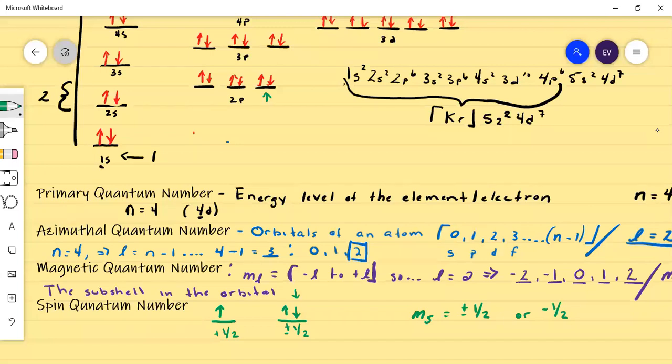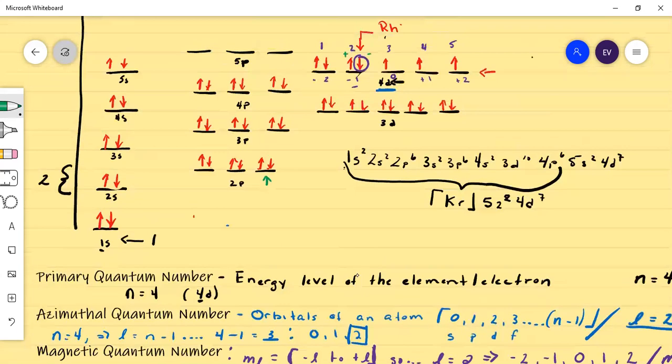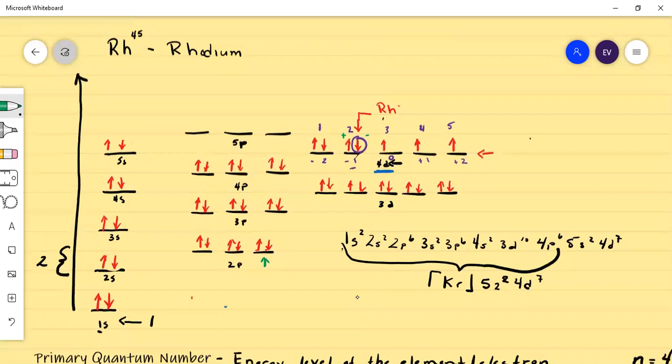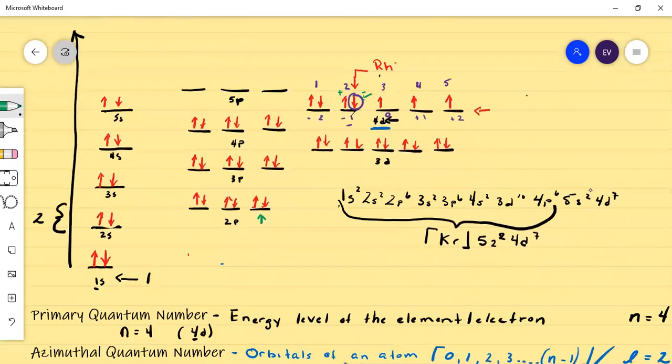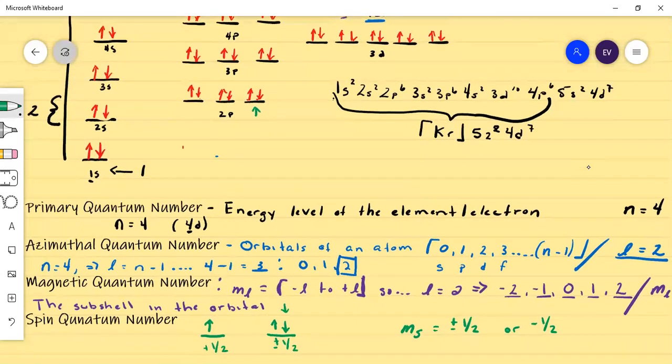If you're looking to identify the specific electron, for example, the rhodium electron is this one right here, the one that I've circled, the rhodium electron has a negative spin. So you could also say it's just a -1/2. I will accept both, but I do want to make you guys understand that different places will refer to these in different ways.